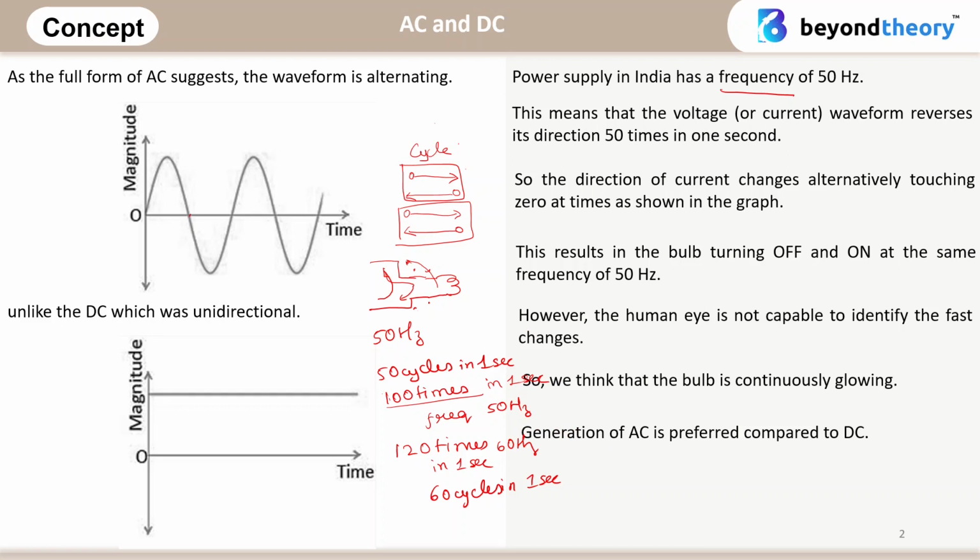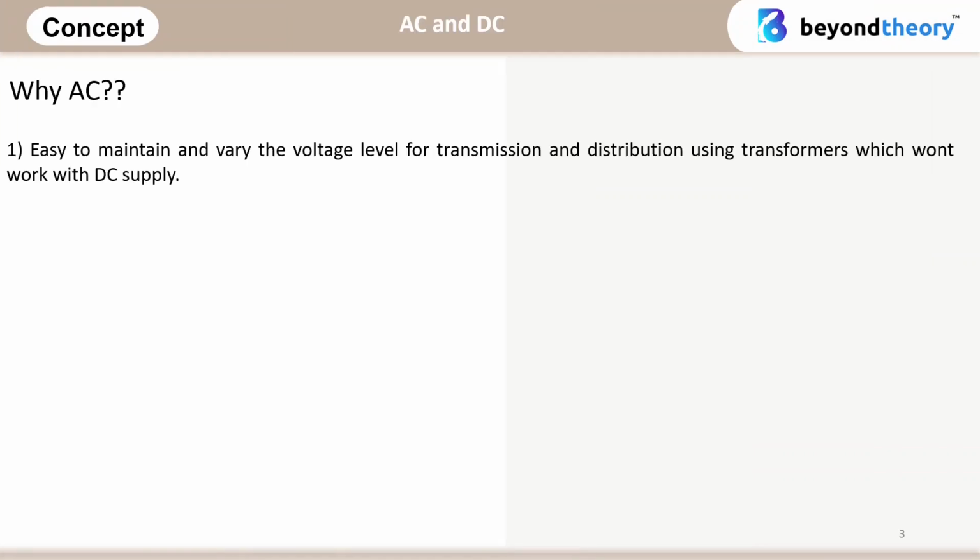So now we are brought to the big question: why do we prefer AC as against DC? So why exactly do we need to use AC? In order to power our homes, we need the power to be carried from the generation station to our homes, which is a long distance.